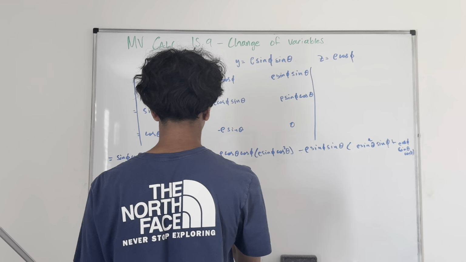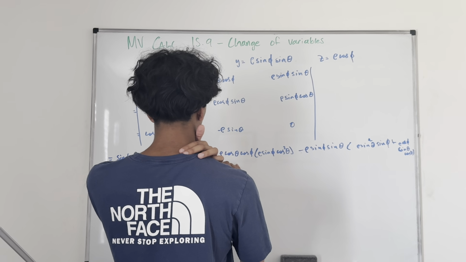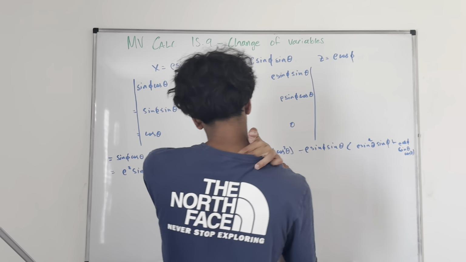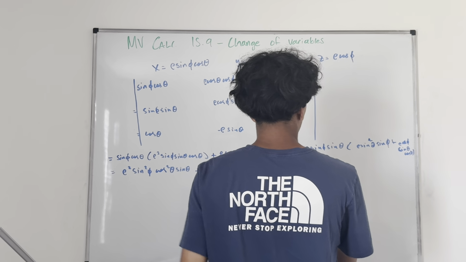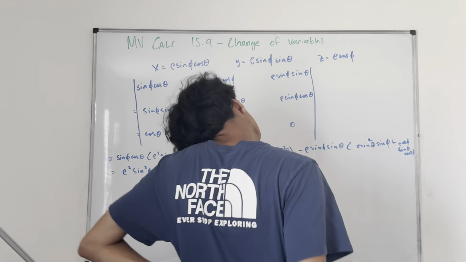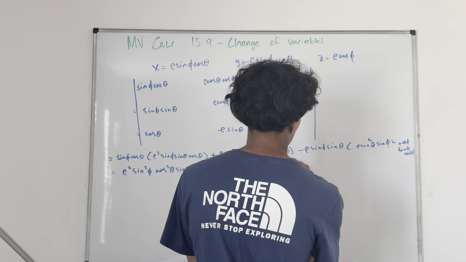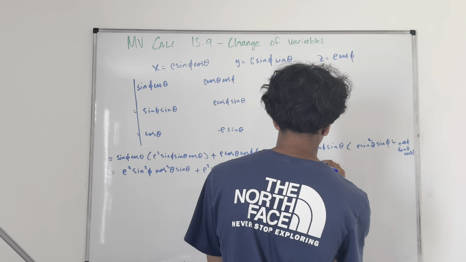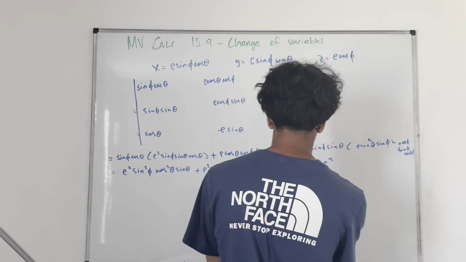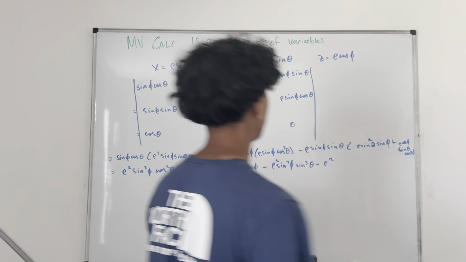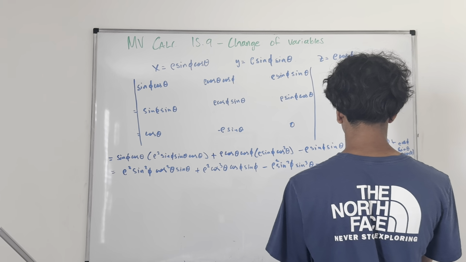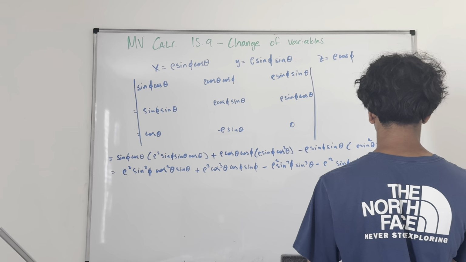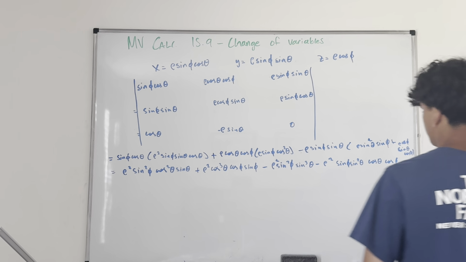Plus, I distribute this over, I get rho squared cosine cubed, which is crazy, by the way, cosine cubed theta, cosine phi, sine phi, minus, when I distribute this over, I'm going to get rho sine squared phi, and I'm going to get sine cubed theta minus rho squared, these are all squared, rho squared, I have this sine theta squared sine phi, and then times cosine theta, and then there's that cosine phi that's lurking.